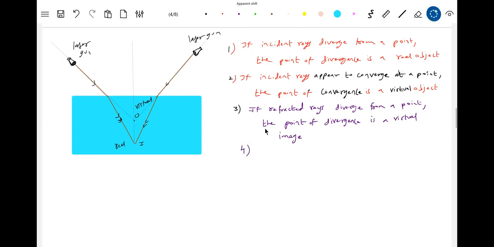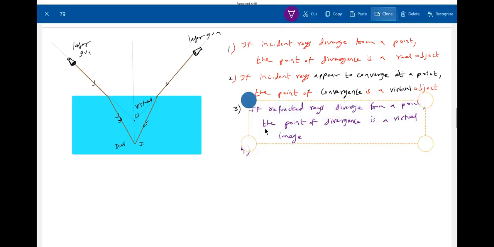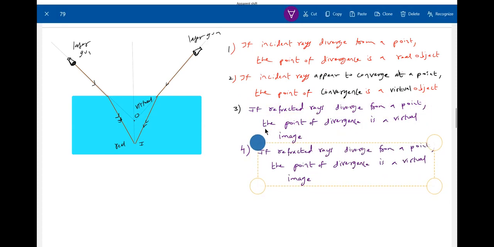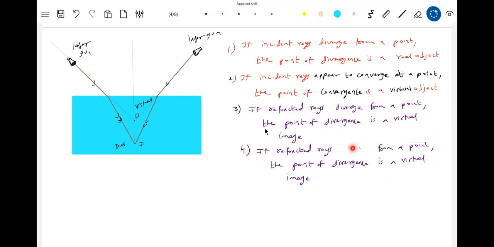Next here, if refracted rays converge at a point, the point of convergence is a real object, sorry, a real image. These are the rules for refracted rays that we should know.